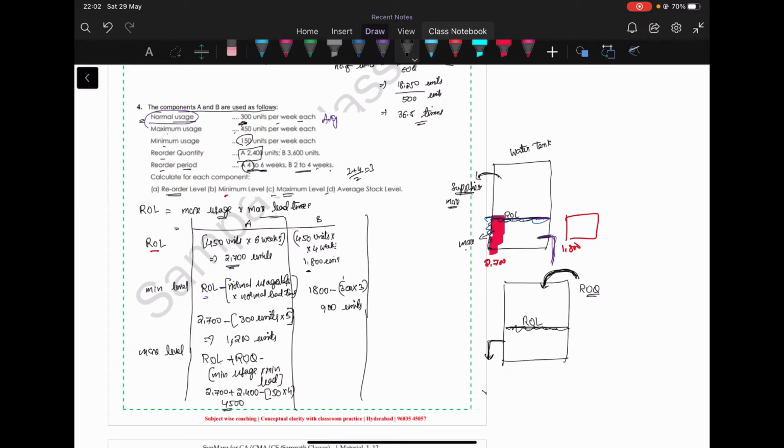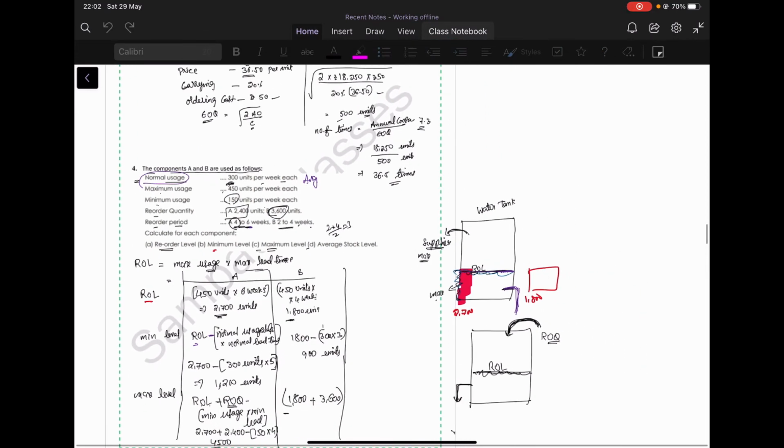For the product B, the same formula applies. Reorder level is 1800 units, and reorder quantity for the B is given as 3600 units, minus minimum consumption. What is the minimum consumption here?